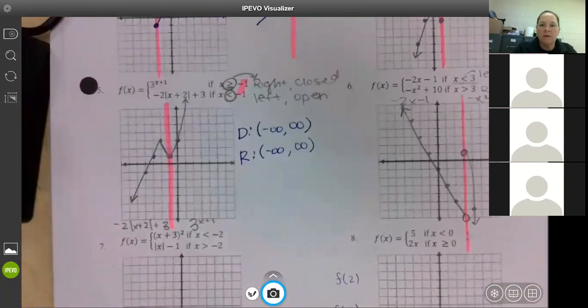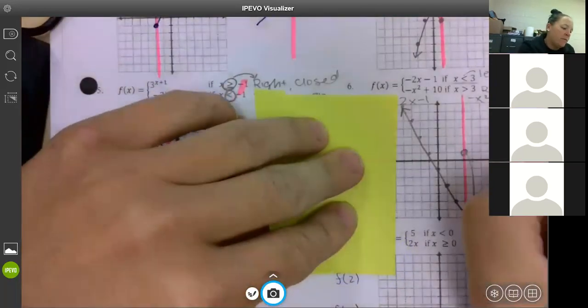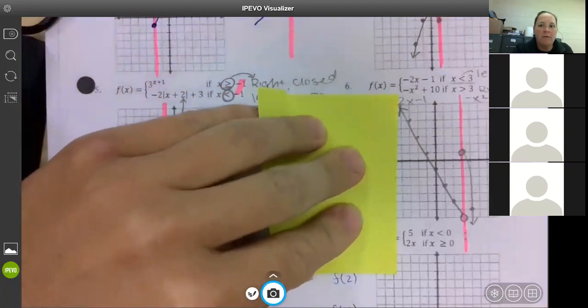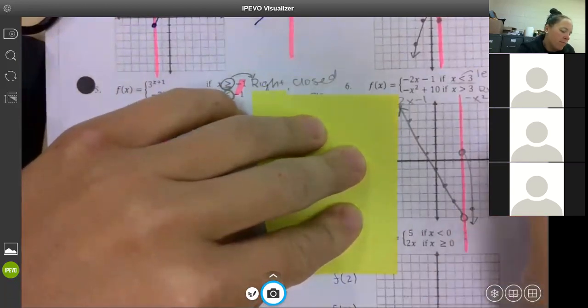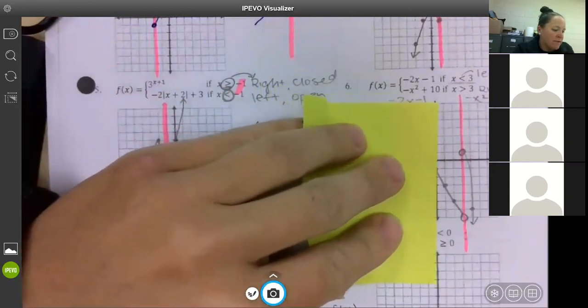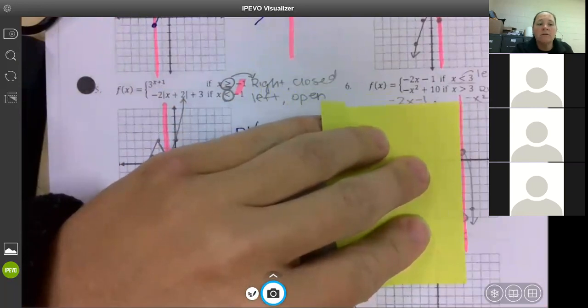So if we look at this one, be careful on this one. As we go from the left, what do we see? Negative infinity. As we keep going, what happens on the boundary? Somebody else, what happens on the boundary?